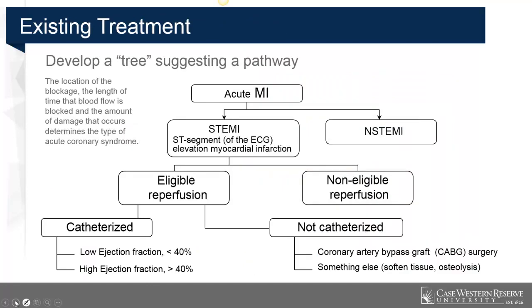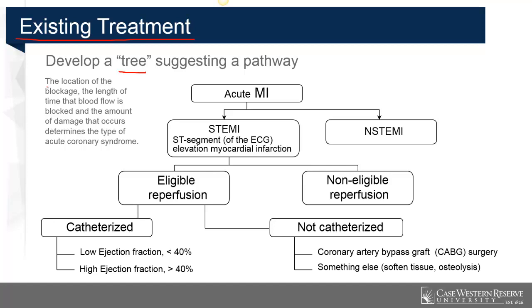So when we think of this, moving on to the existing treatment: we've looked at the disease state fundamentals, that was the first building block, and the next building block is the existing treatment. It's very useful to draw up these trees, and the textbook has several that are extraordinarily illustrative.